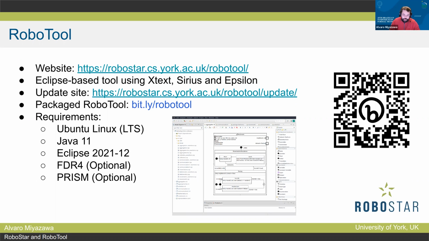So if people want to use it on Windows or Mac, they can try, but we can't really help with any platform-specific bugs. FDR4 and Prism are optional: if you want to be able to analyze the models, you need one of these tools, depending on the kind of analysis you want to perform.